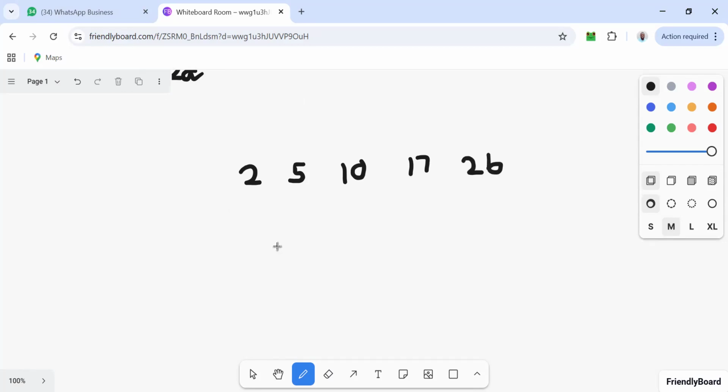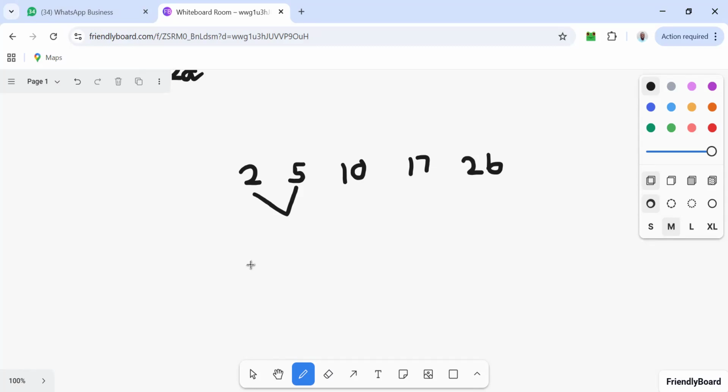You can see that this quadratic number pattern is going to have a first difference row. A quadratic number pattern does not have a constant first difference. It's going to have the first difference row and the second difference row.